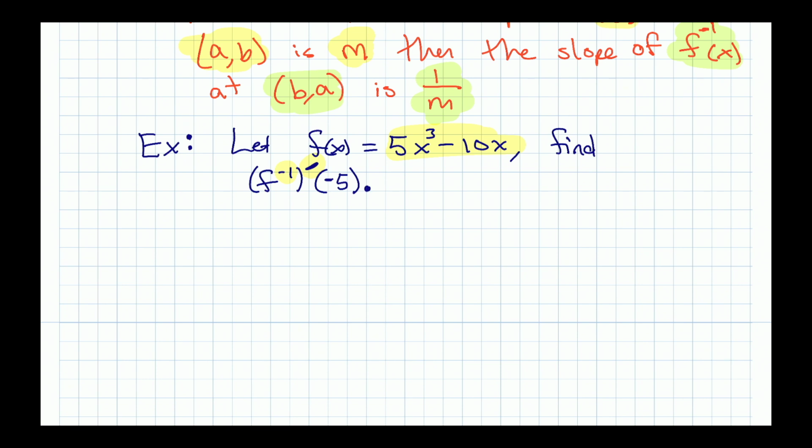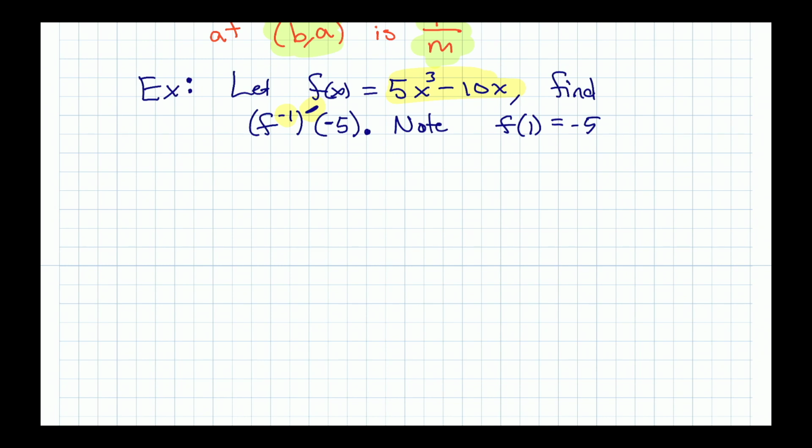Okay, and then they'll usually be nice enough to tell you something like this. Note f of 1 equals -5. That's key information there. Now, here's how you could do it.